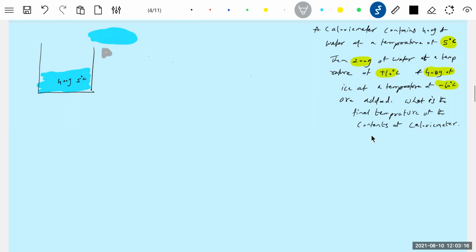And I am going to add the ice, 400 gram of ice at minus 60. This will be added to this container. Then we'll see what will happen.